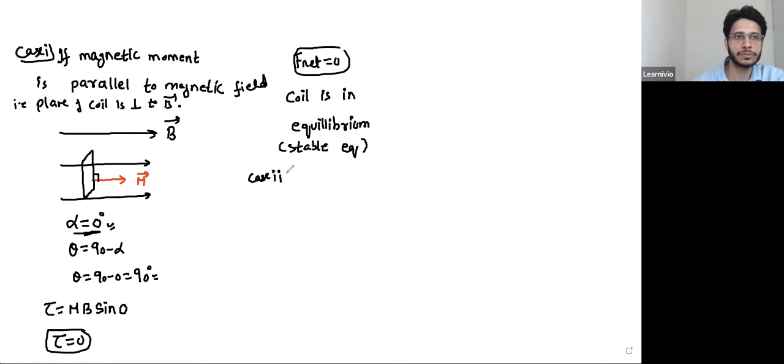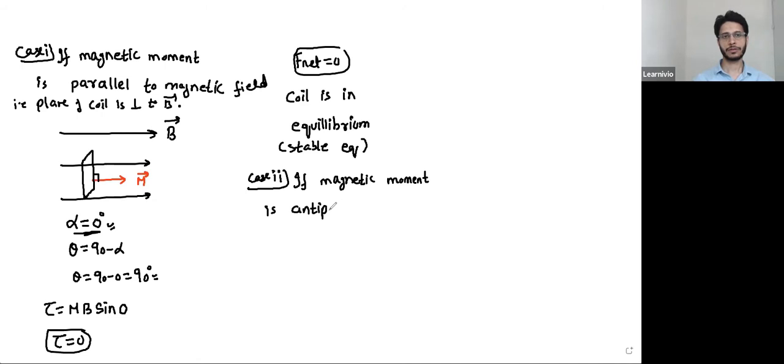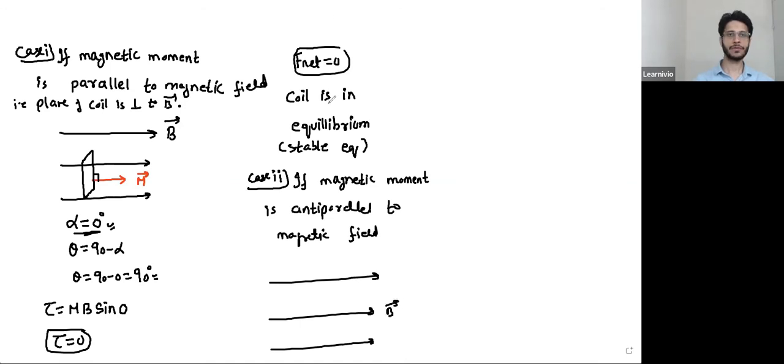Next we have case 2. Case 2 says if magnetic moment is anti-parallel to magnetic field, which means your magnetic field is in this direction, and your magnetic moment is exactly in opposite direction.